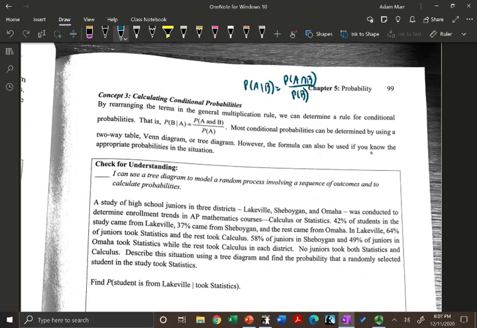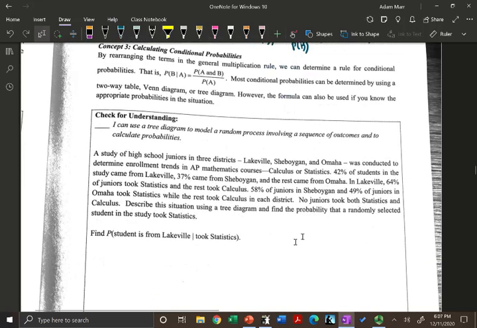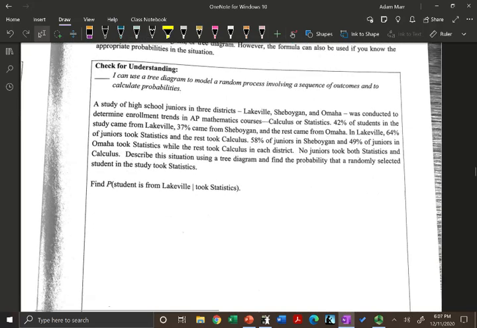However, the formula can also be used if you know the appropriate probabilities in the situation. Now they said to use a tree diagram, the same situation we already did. But now they ask a question. Find the probability that the student is from Lakeville, given that the student took statistics.